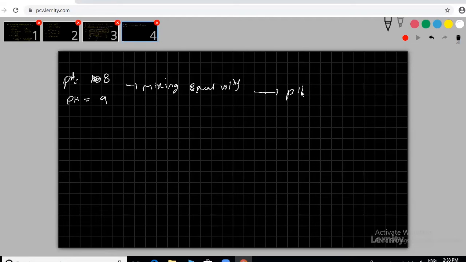What is the pH of the resulting solution? Can anyone try? At least the approximate pH value.